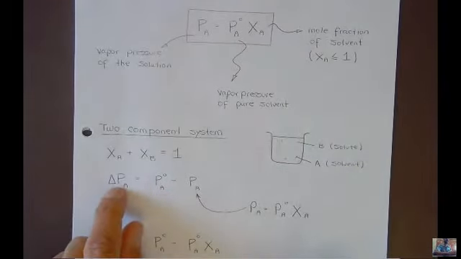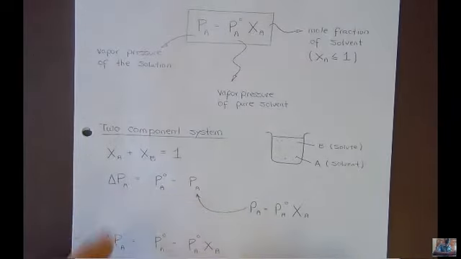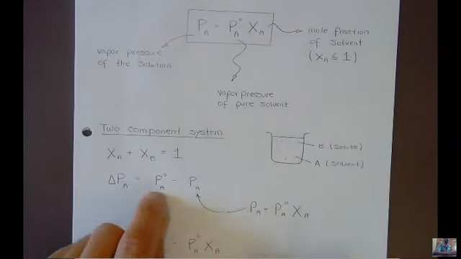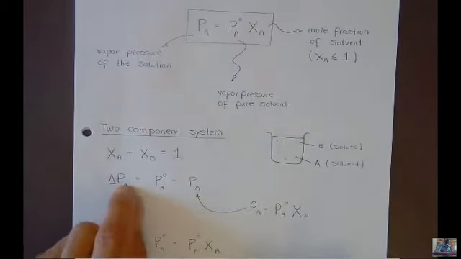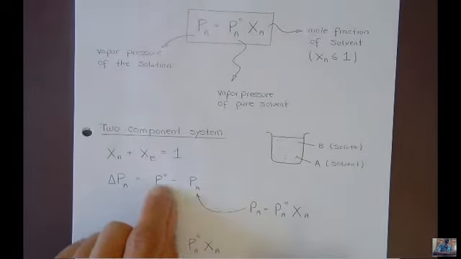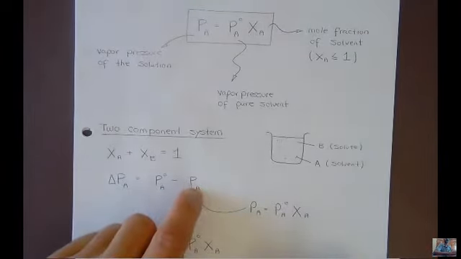Okay, look what happens if I want to figure out how much the vapor pressure has changed. Delta PA is how much the vapor pressure of A is lowered by adding B. This is always true, that delta PA, like we learned before, is equal to the vapor pressure of the pure minus the vapor pressure of the solution.